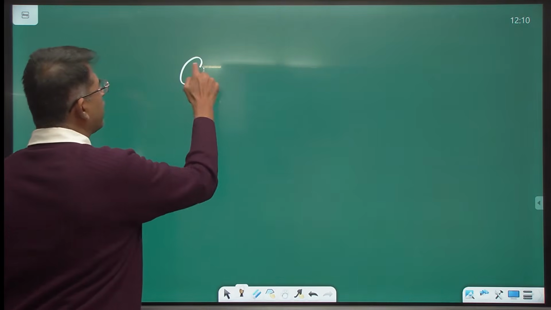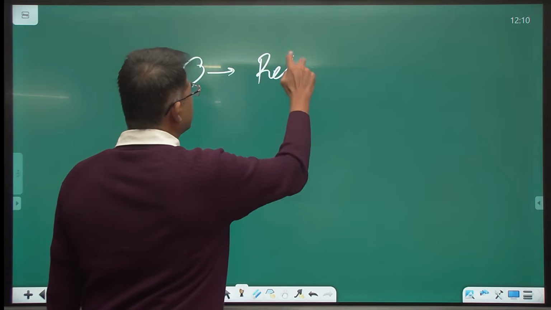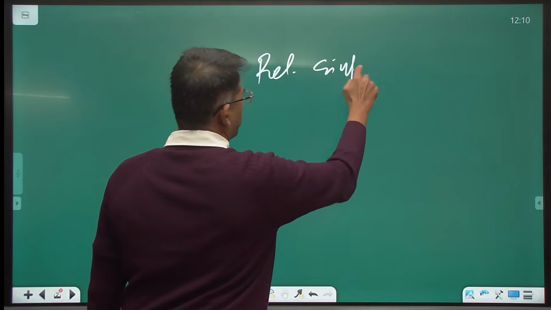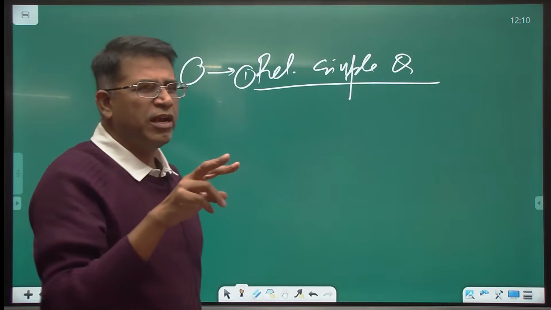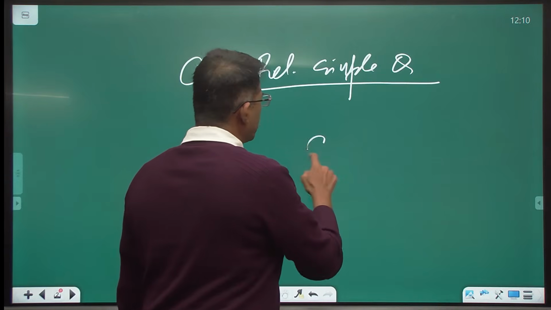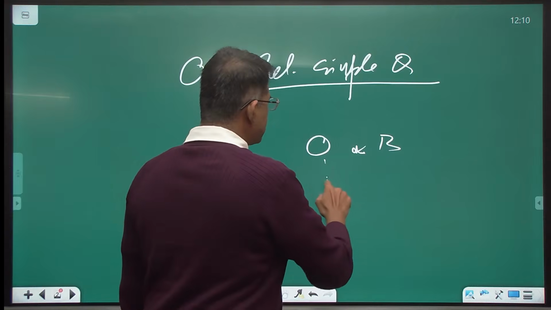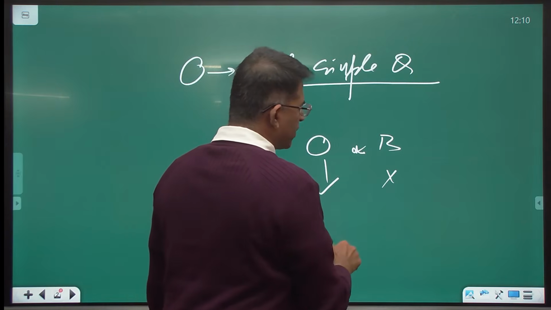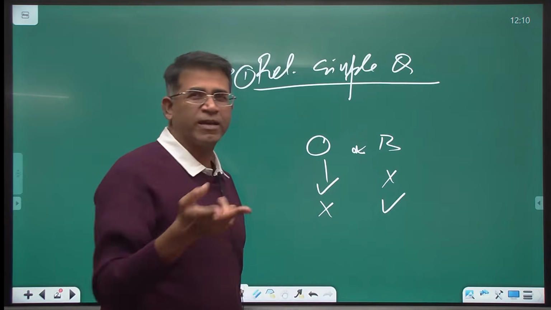From Oceanography, we have relatively simpler questions, not very tough. They generally alternate. They ask alternate years में Oceanography और एक topic है biogeography. In some years they ask this and not this. In some years they will not ask this, they will ask this. They kind of alternate.